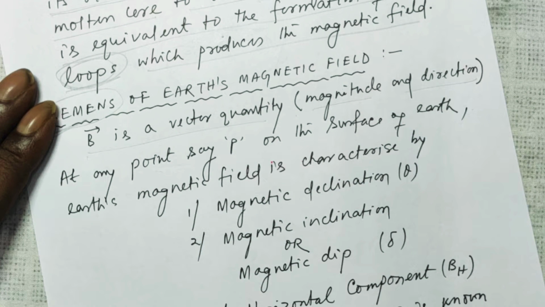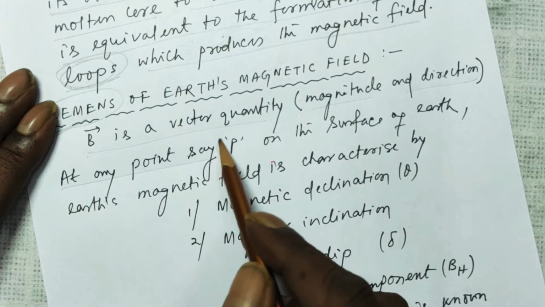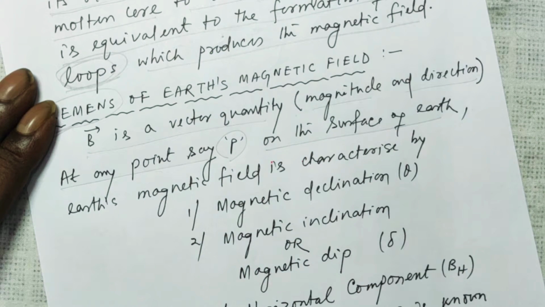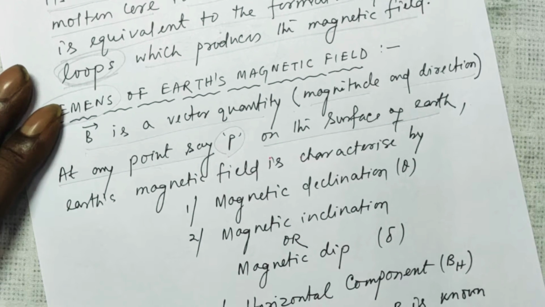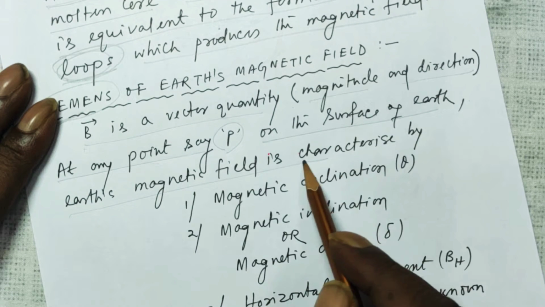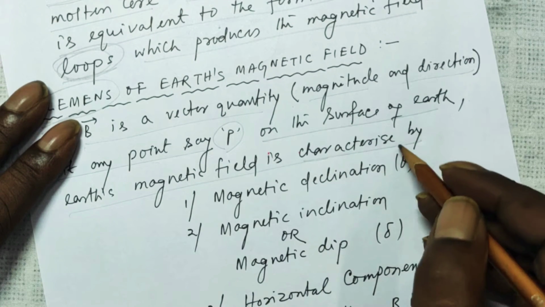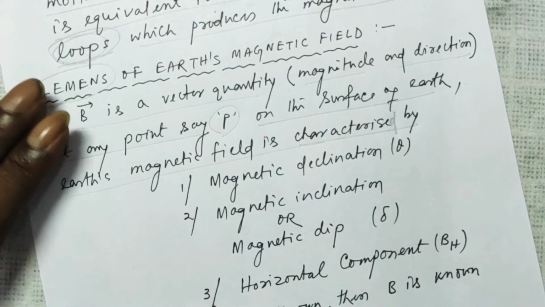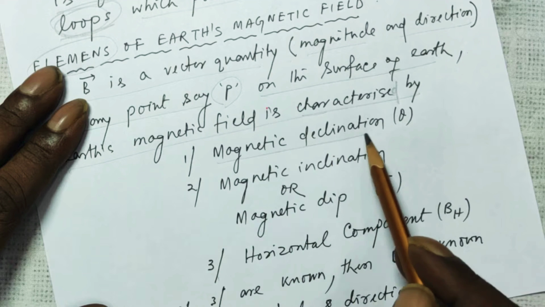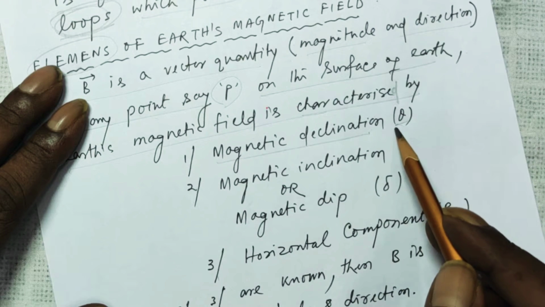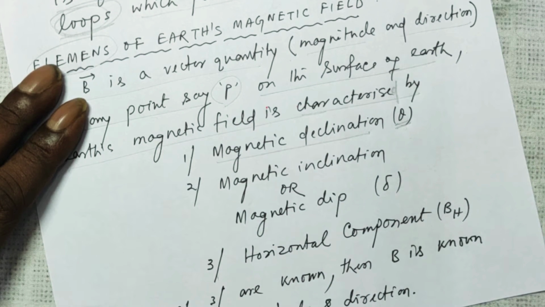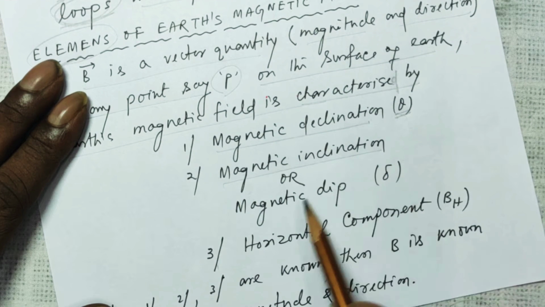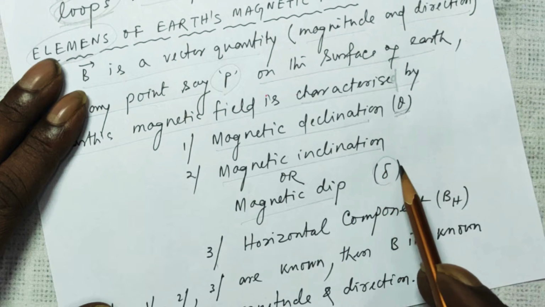So if you consider any point P on the surface of the Earth, the Earth's magnetic field is characterized by these three quantities. One quantity is called magnetic declination. I will represent it by an angle theta. Then magnetic inclination, or called magnetic dip, that is delta.